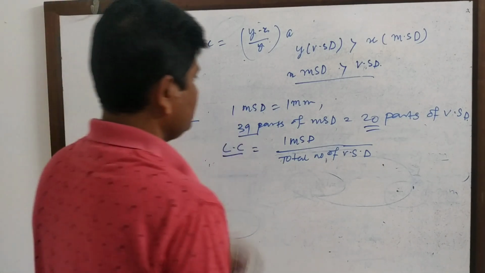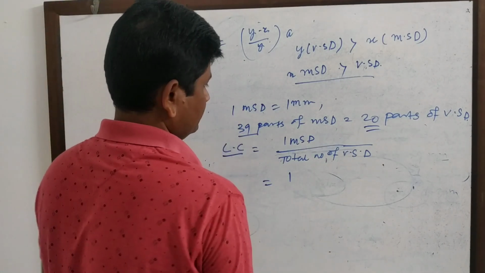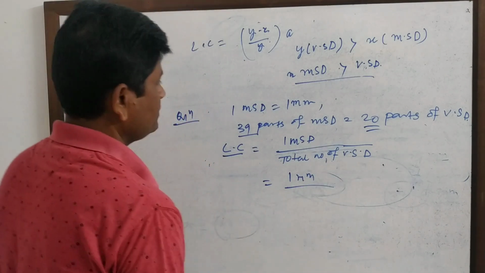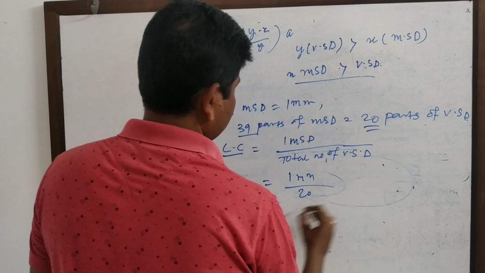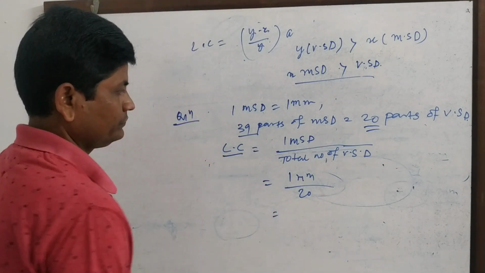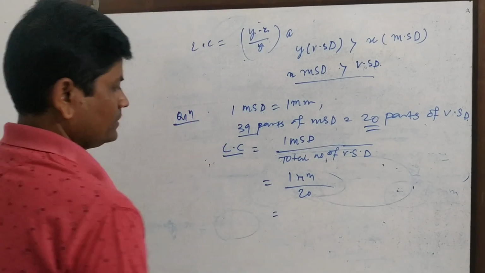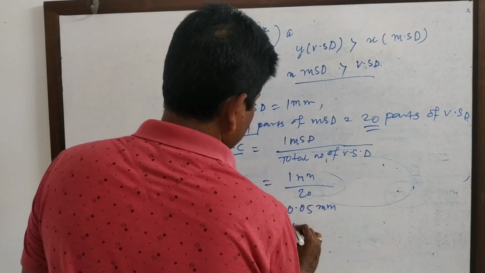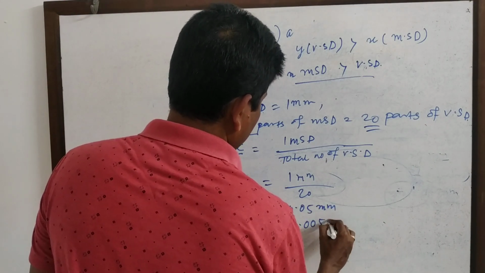Here 1 MSD is equal to 1 mm, divided by total number of vernier scale divisions, which is 20, is equal to what? 0.05 mm, that is equal to 0.005 cm.